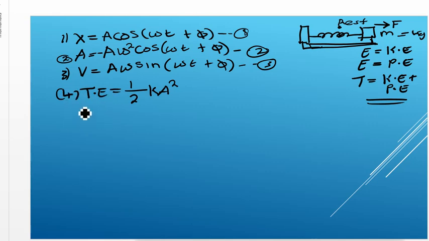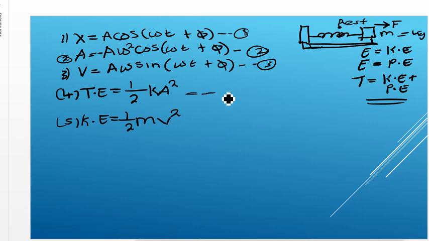Another formula that you have to know is, let me just try to write it down here. The kinetic energy is equal to 1 over 2 m v squared. It doesn't change, it's just the same.